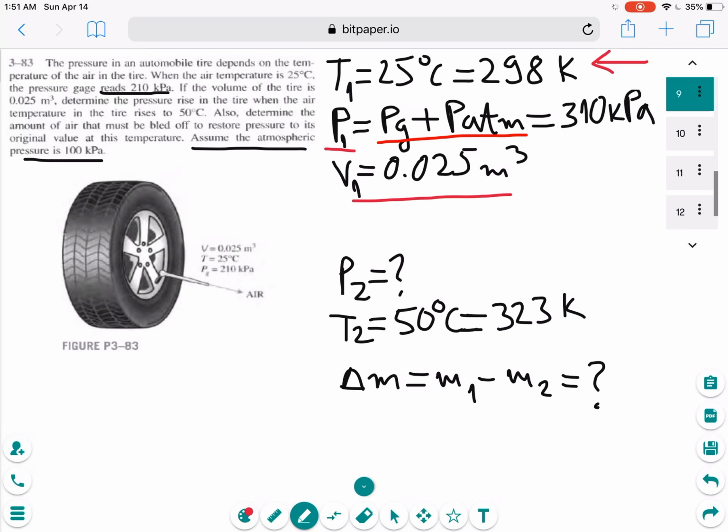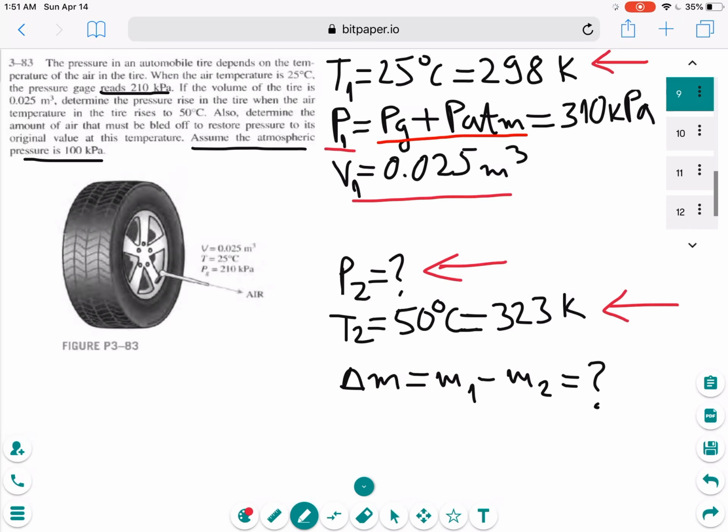If the volume is 0.025, determine the pressure rise in the tire. So in other words, find P2 when the air temperature in the tire rises to 50 degrees Celsius. So that would be T2, which is 50 degrees C, or 323 Kelvin.